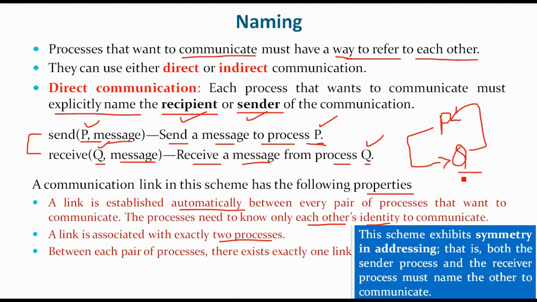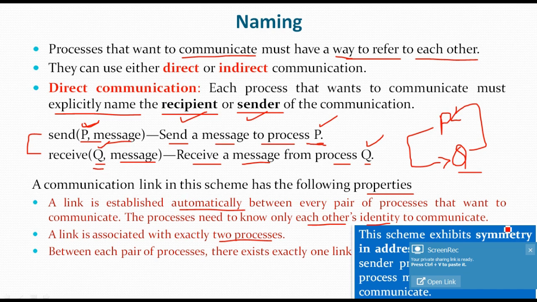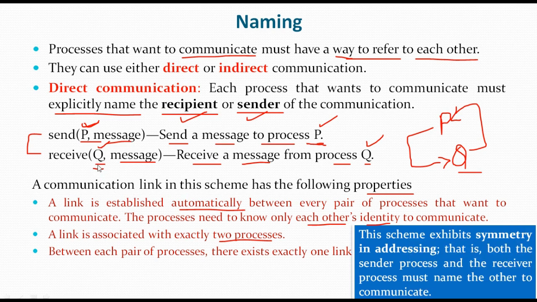Both the sender process and the receiver process must name the other to communicate, means we are mentioning the names of the receiver and the sender here. P and Q are already mentioned, so that these two processes can communicate with each other. Symmetry in addressing means we are mentioning both the sender process as well as the receiver process name. That is the meaning of symmetry in addressing.